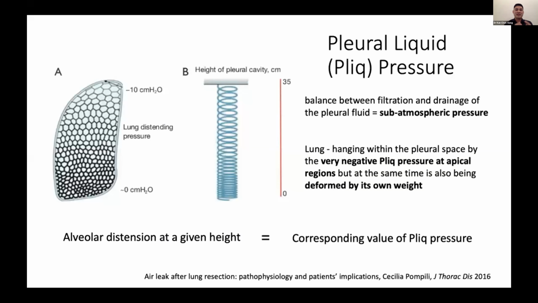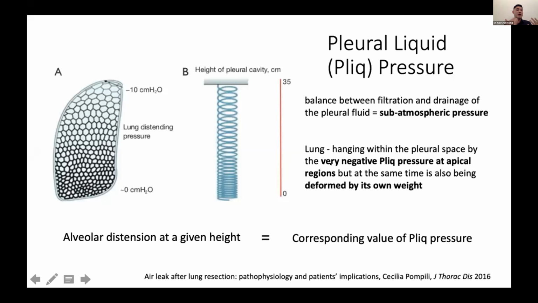Because of this balance between the production and the drainage of the pleural fluid, that creates an ideal sub-atmospheric pressure at the top part of the thoracic cavity. Now, there is a model saying that the lung is thought to be hanging within the pleural space by the very negative pleural liquid pressure at the apical area. At the same time, it is deformed by its own weight at the bottom part of the cavity, much like a hanging coil that is hung from the ceiling.